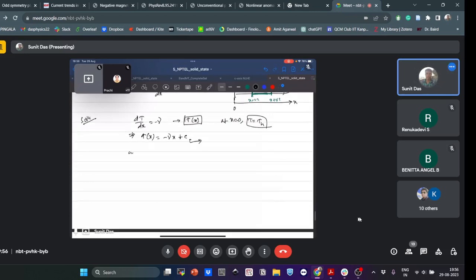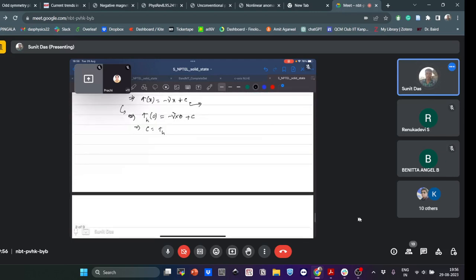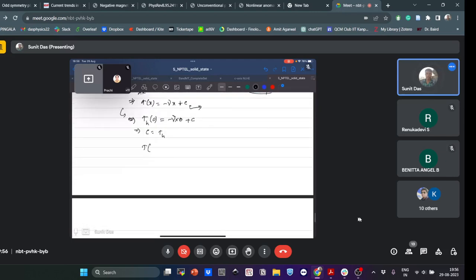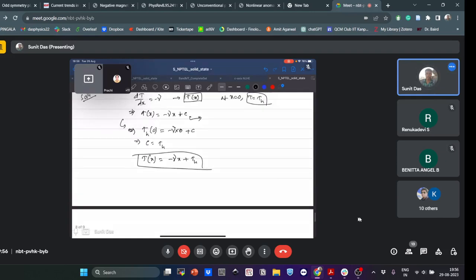So if we put that in this expression, T at x equal to 0 is Th minus gamma into 0 plus C. So then C is simply Th, right? Then T as a function of position is minus gamma x plus Th. So this is the temperature profile of this bar.